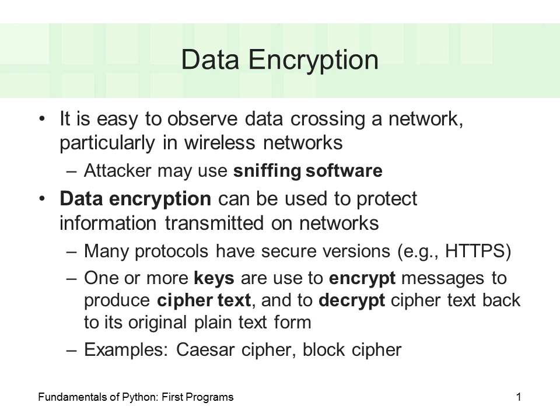But with respect to the web, it's actually quite easy to observe data crossing a network, especially with today's use of wireless networks. The person who is examining this data, often referred to as an attacker, may use, or in all probability is using, some sort of sniffing software.